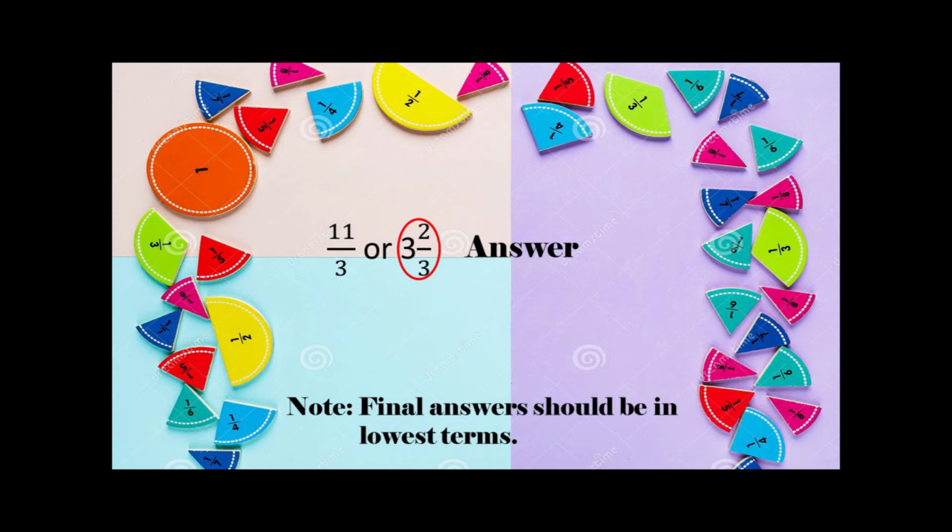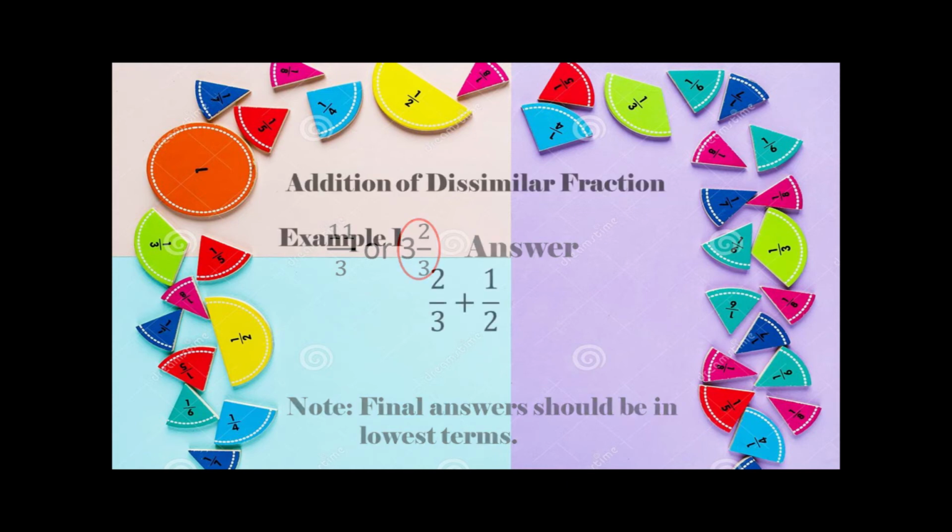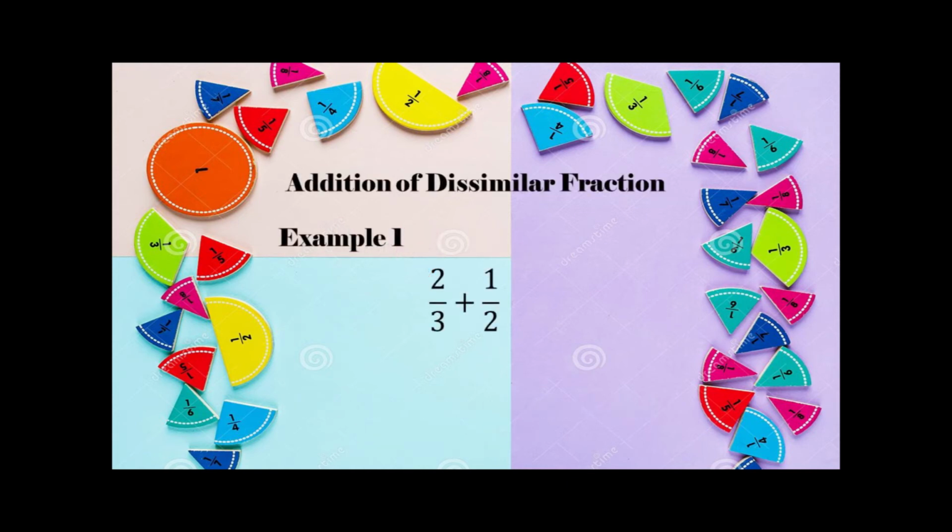Since it's an improper fraction, let's convert it into a mixed fraction by dividing the numerator by the denominator. 11 divided by 3, we'll get 3, and then you have a remainder of 2. That remainder is your numerator. So you will get 3 and 2/3.